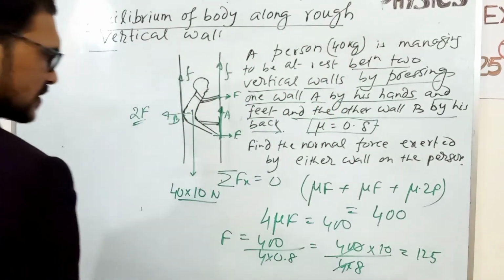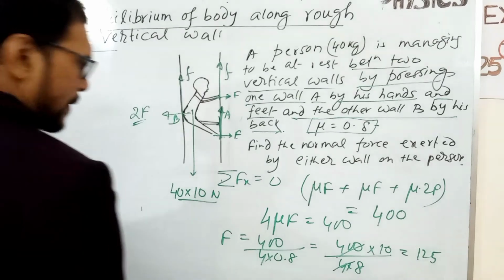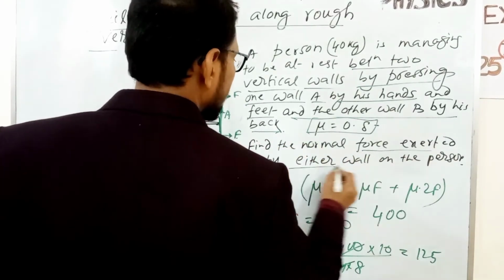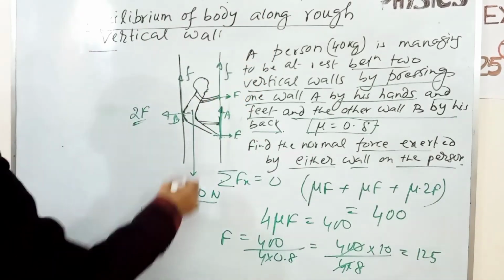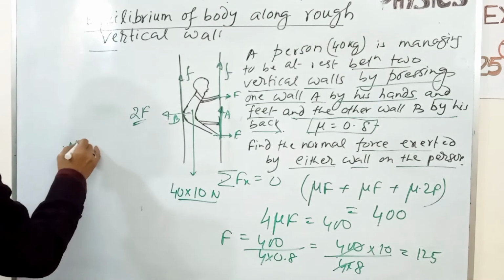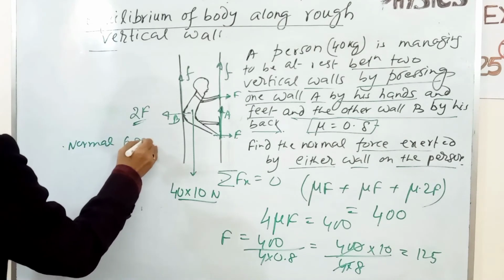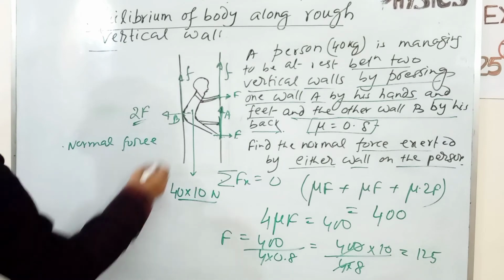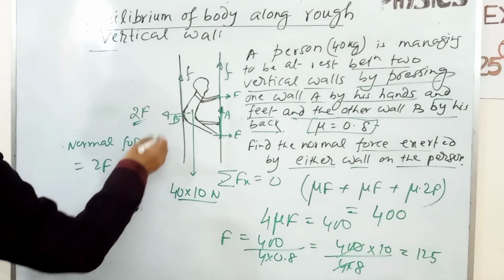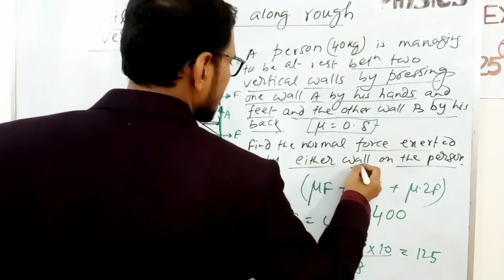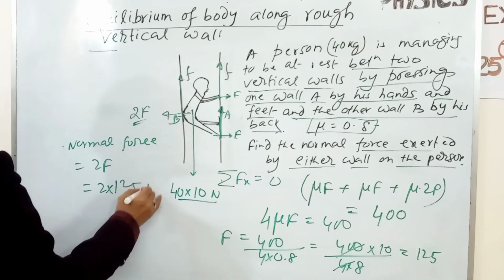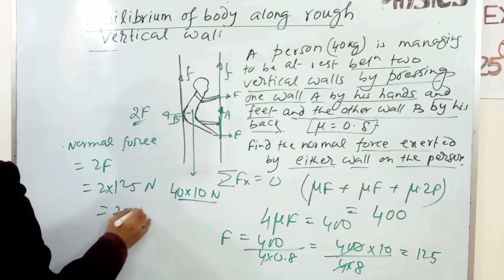Now the question is, find the normal force exerted by either wall on the person. What is the normal reaction by each wall? The normal force exerted by either wall on the man is 2F. So the answer is 2 into 125, that is 250 Newton.